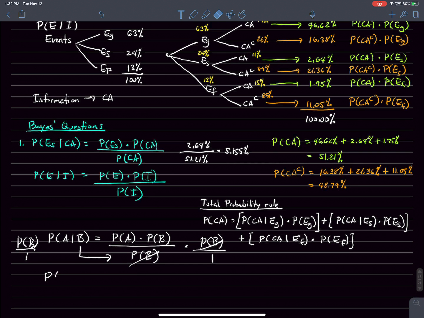So you'll have probability of B multiplied by probability of A given B equals probability of A times probability of B, right? Or you can write it in another way, probability of A and B happening at the same time.